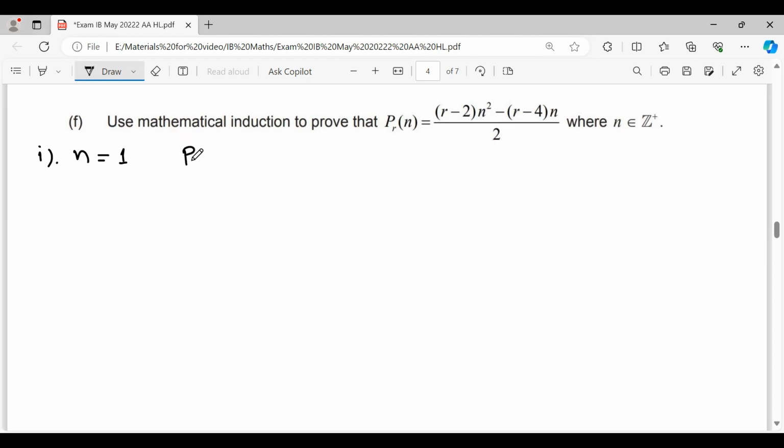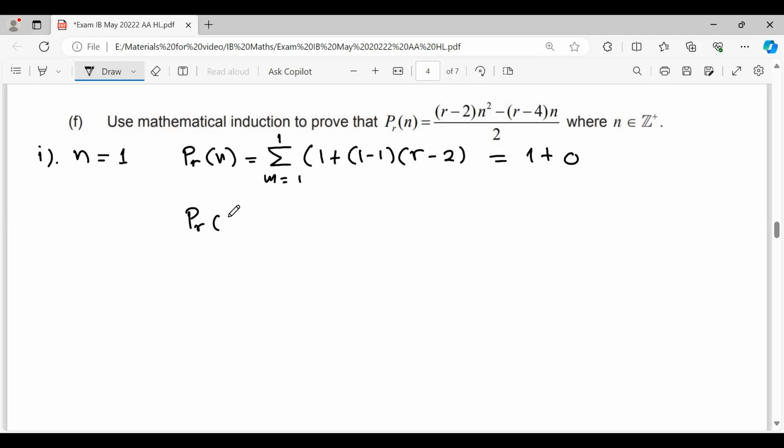So PRn, firstly, for this function with n equals 1: 1 plus 1 minus 1 times r minus 2, and this equals 1 plus 0 because 1 minus 1 is 0.